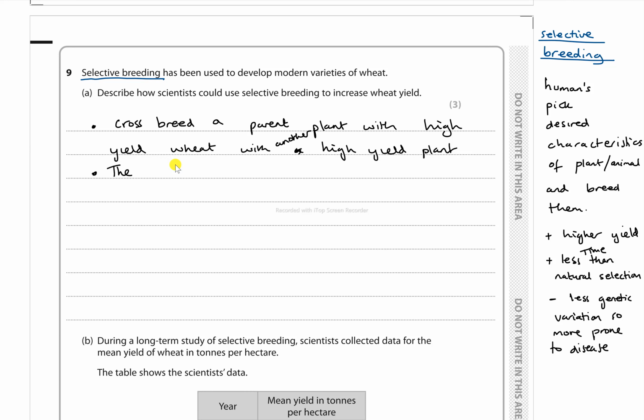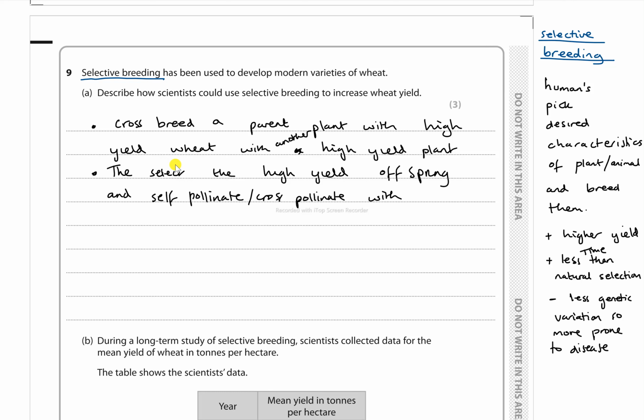Then select the high yield offspring and self-pollinate or cross-pollinate with high yield offspring.